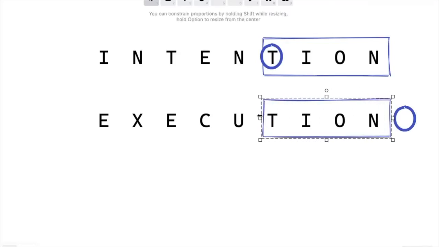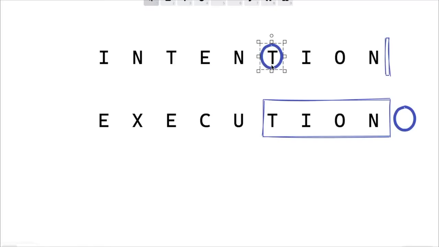The other possibility is that the second string still has some characters, but you've run out of characters on the first string. In that case, you have the empty string and you need to convert this empty string into TION. That is a recursive problem we are solving.